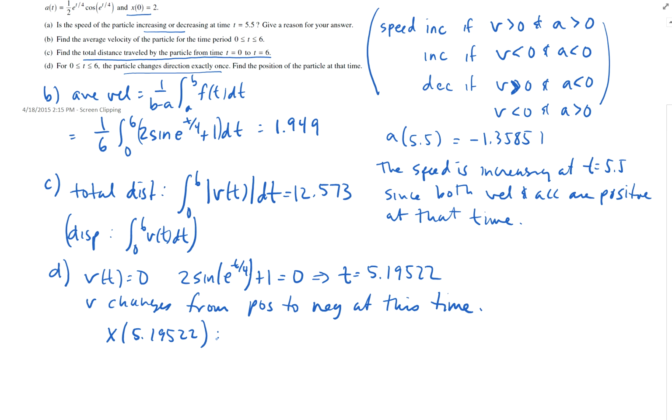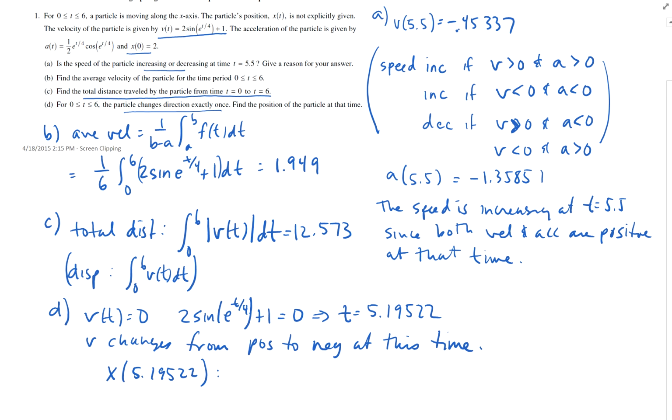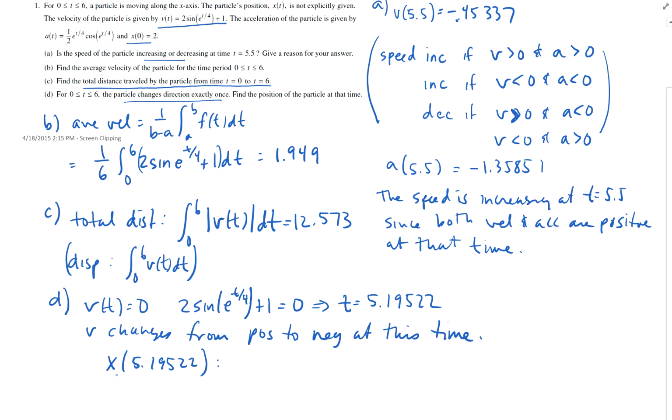Okay, how do I figure that out? I don't know what x of t is. So how can I figure out what x of that number is? I only know the velocity. This goes back to just thinking about what's the relationship between velocity and position.